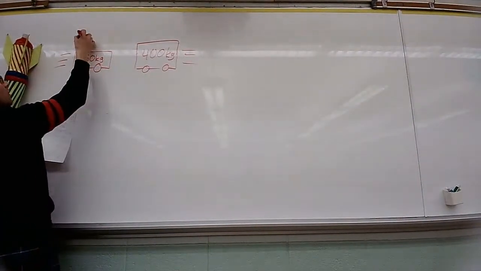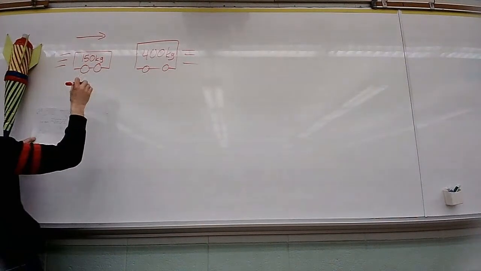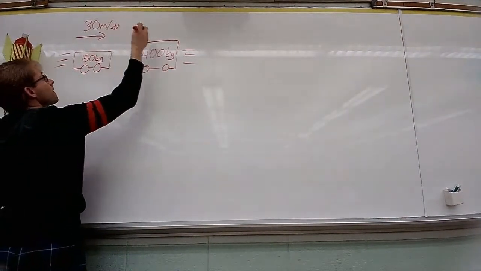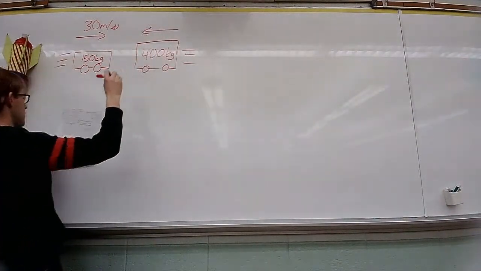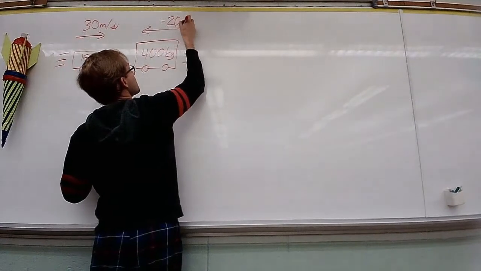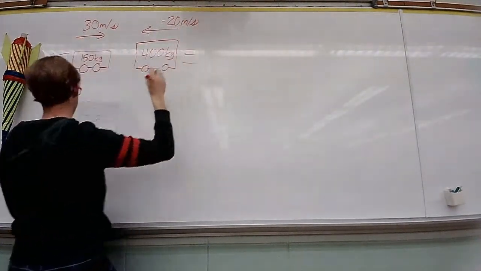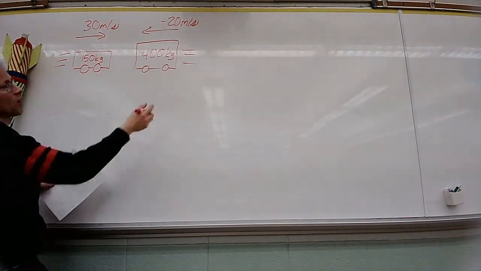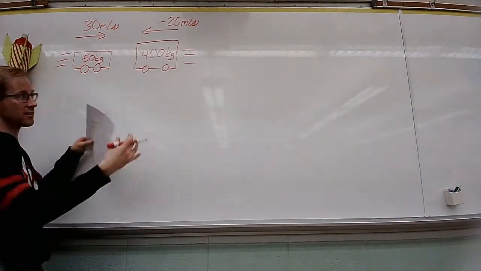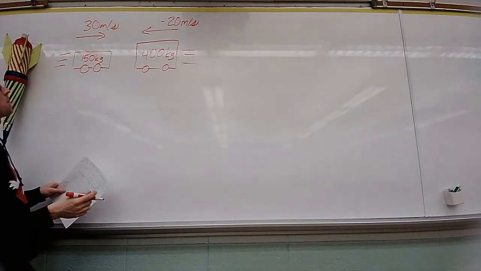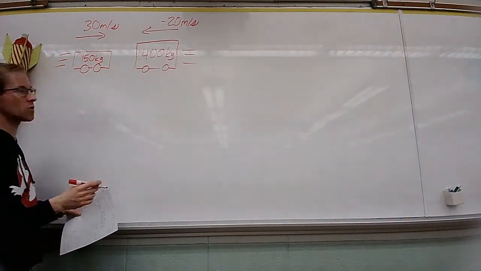The original velocity of this one is going to be equal to 30. Original velocity here is going to be -20. And these two masses are going to collide inelastically. They're going to stick together after that collision. So let's just go ahead and we'll solve this one together.